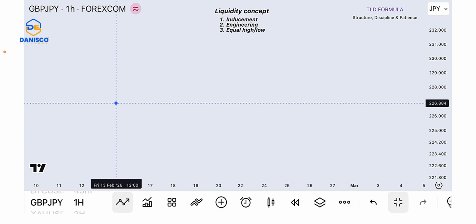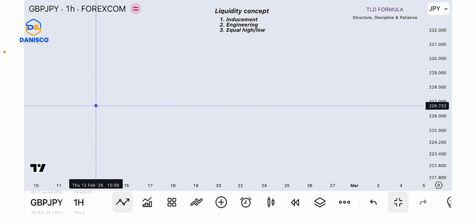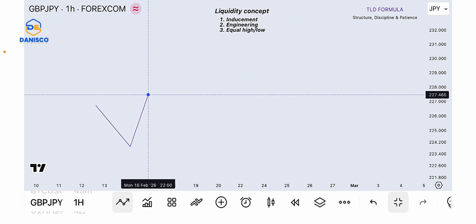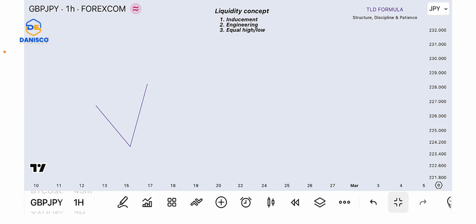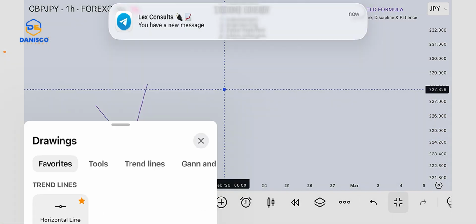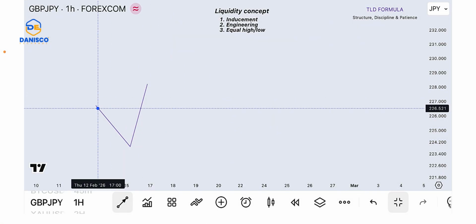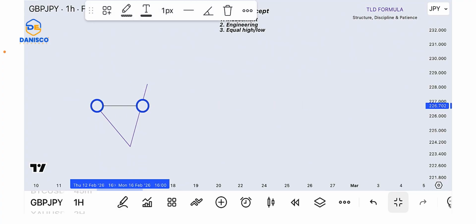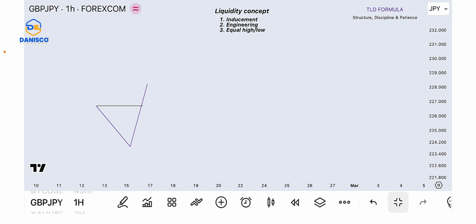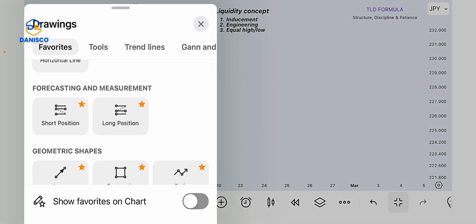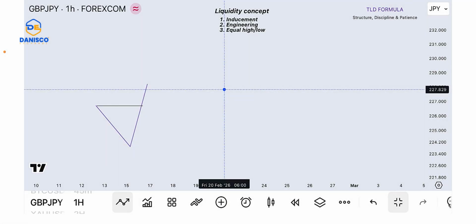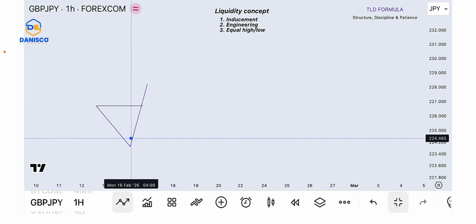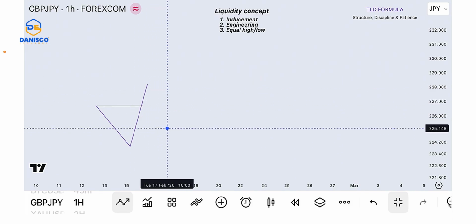This is a kind of liquidity that you will find. Let's say this is a structure. You want to trade this particular structure, right? You have a break of structure at this point. Let's say this is a structure you have on any time frame at all. Now, how do you spot an inducement liquidity? Like I normally say, the first pullback is your liquidity.